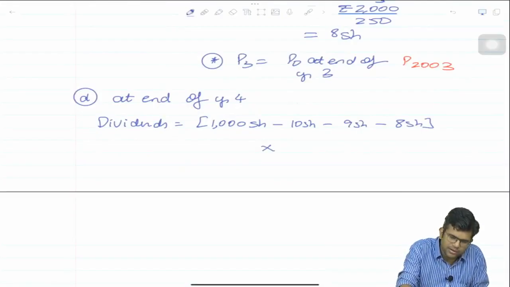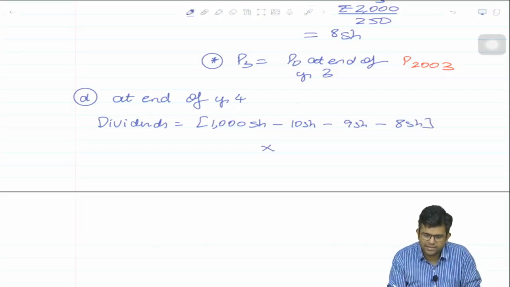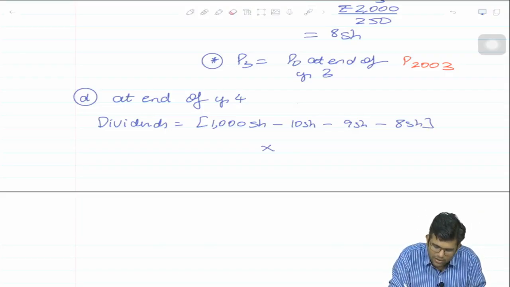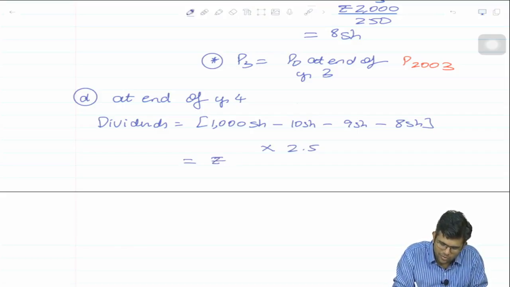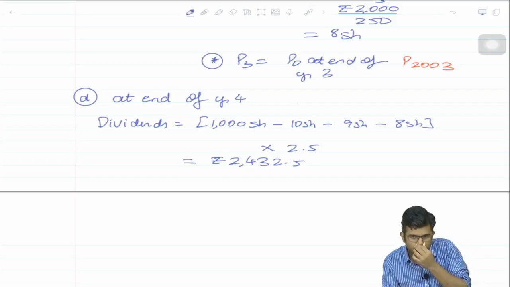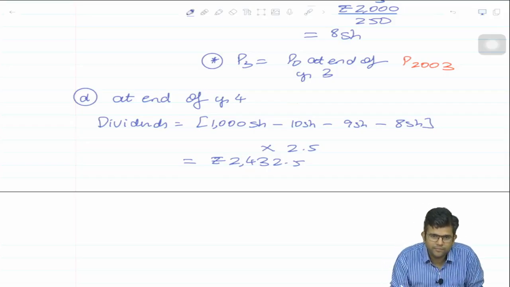So this is 1000 minus 10 minus 9 minus 8. 973 shares are left, and on each share I will receive 2.5 rupees dividend. So 973 into 2.5. Oh wow. Rupees 2432.5. Everybody clear? Rupees 2432.5.